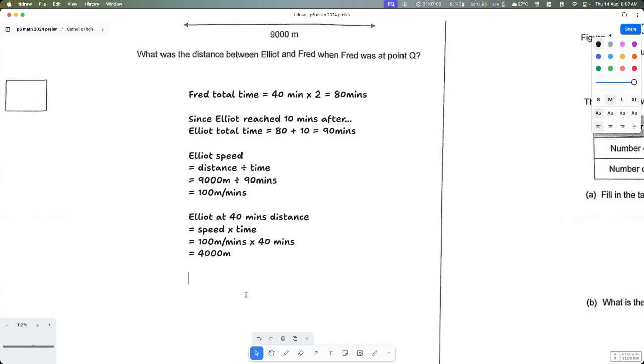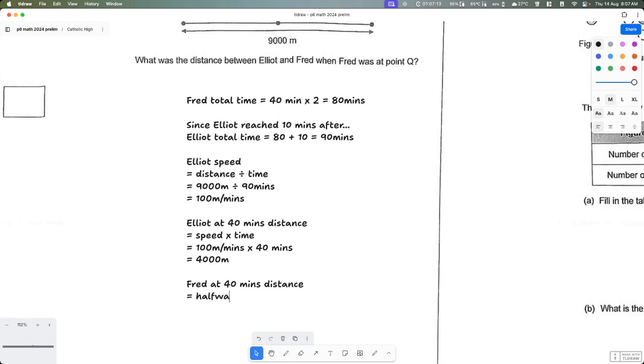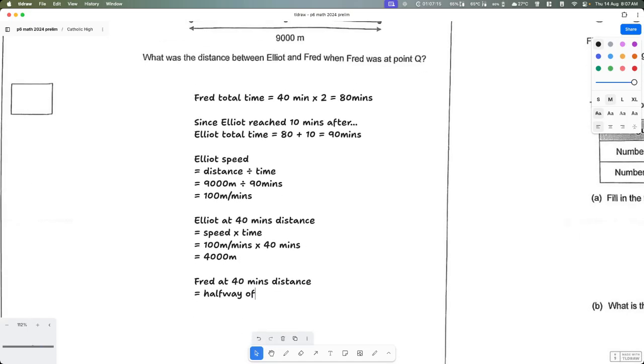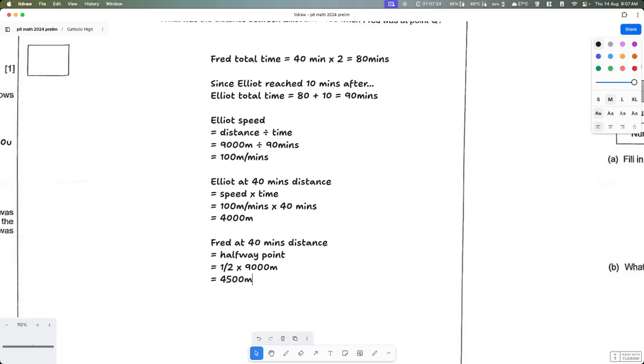And then Fred at 40 minutes is at the halfway point, which is half times 9,000 meters, which is equal to 4,500 meters.